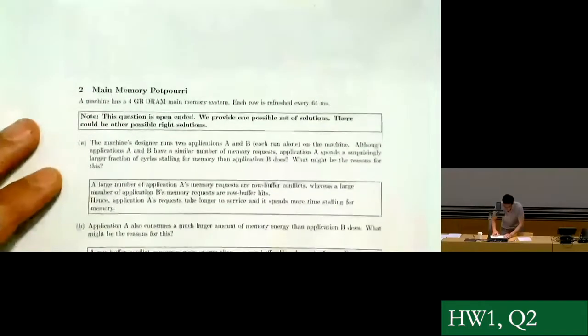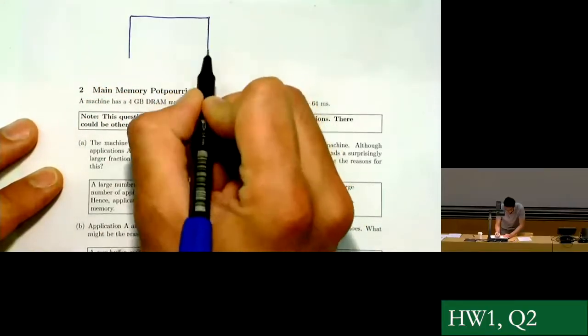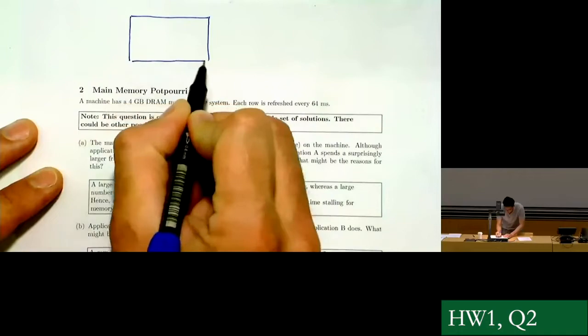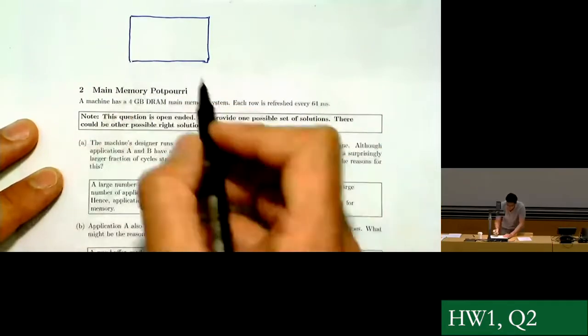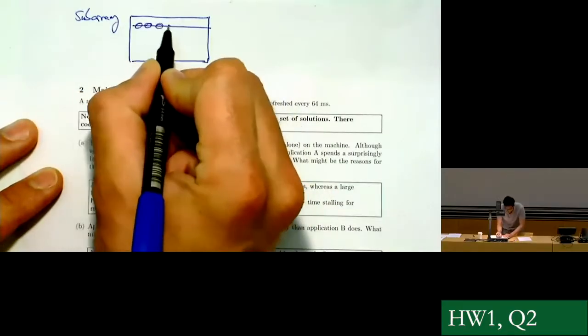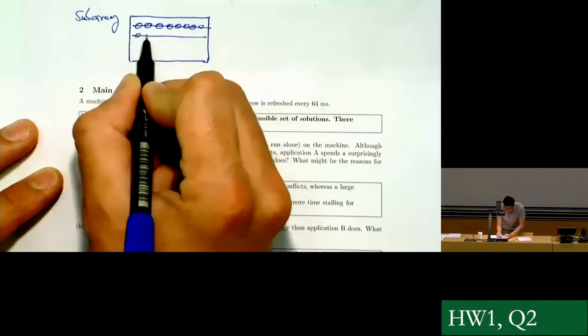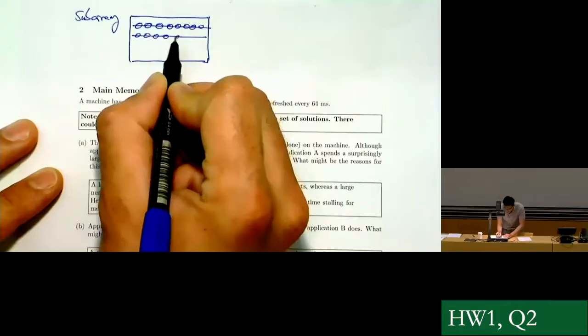Very briefly, to remind you how the memory is built. Let's say this is part of the DRAM memory. This could be a subarray. And in this subarray, as you already know, we have many rows of DRAM cells. Let's draw each of these little circles as one of these DRAM cells.